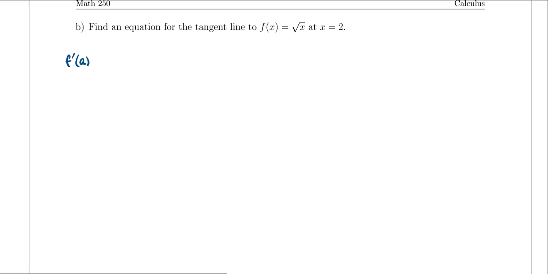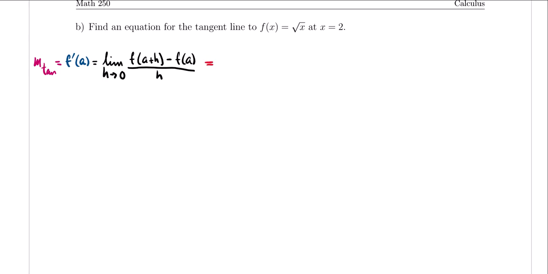And don't forget, this is the slope of the tangent line, which will be equal to the limit as h approaches 0 of f of a plus h minus f of a all over h. Alright, so using our function and putting it into the definition of the derivative, we're going to get the limit as h approaches 0 of the square root of a plus h minus the square root of a all over h.